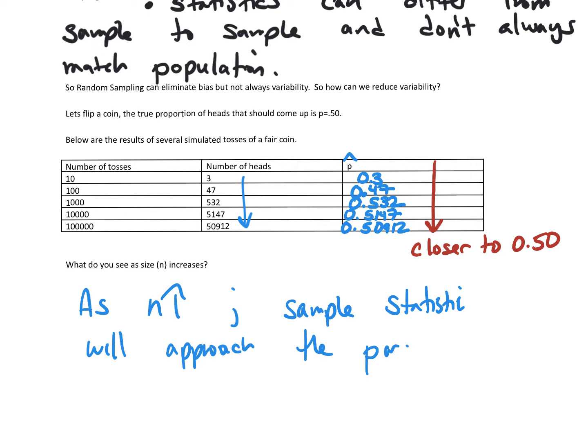So the parameter, the thing that's good for all the population, if you want to do that, we just have to have bigger and bigger and bigger samples. The bigger your sample is, the more of a chunk of the population you have, the closer you're going to be to the actual parameter that holds for that population.